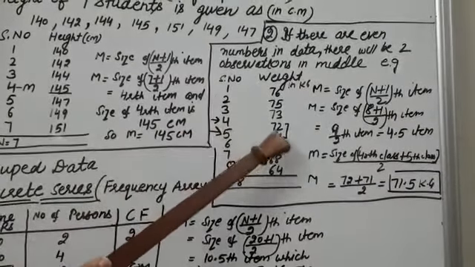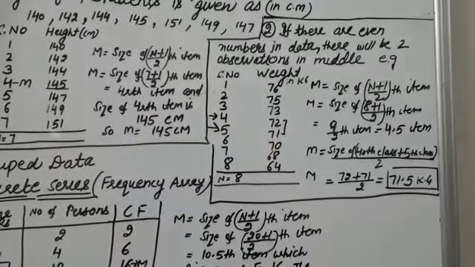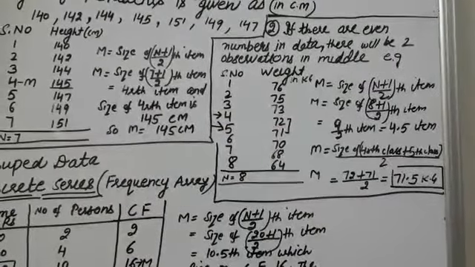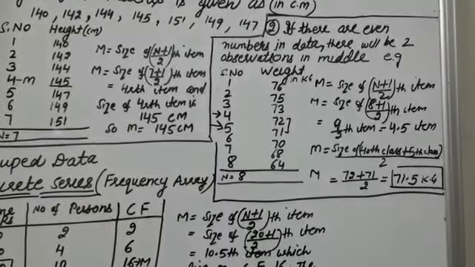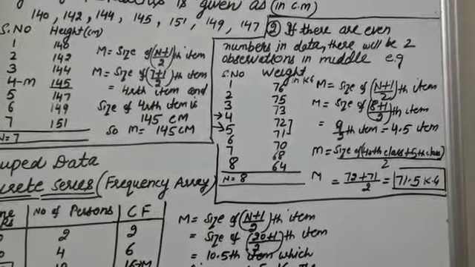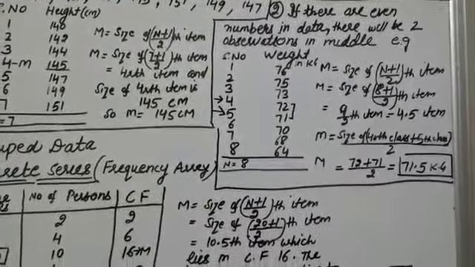Fourth item is 72, fifth item is 71. So median is the average of both, that is (72 plus 71) upon 2, which is equal to 71.5 kg, the median weight of 8 students.